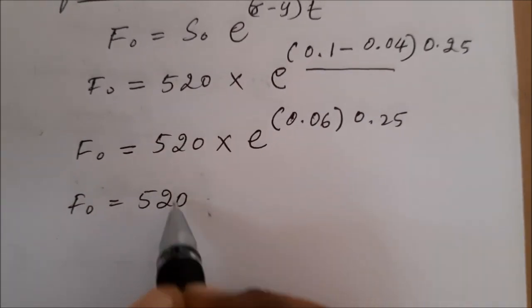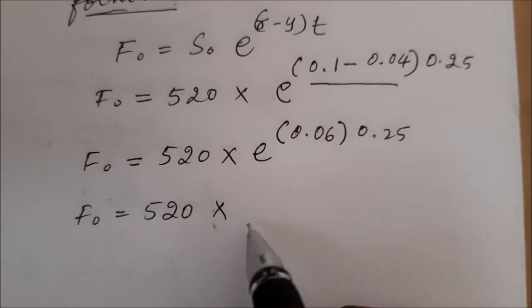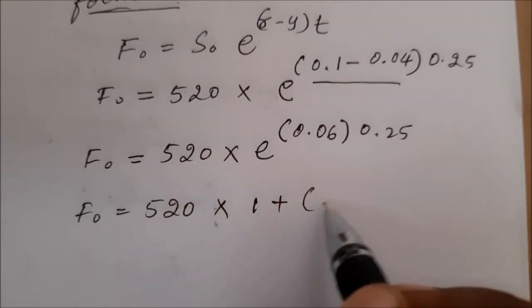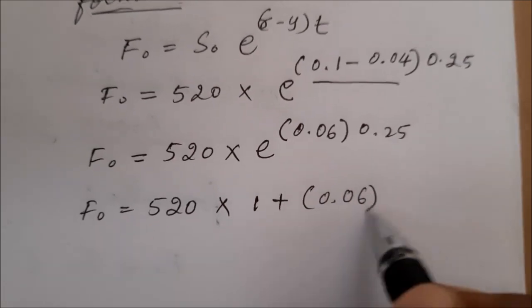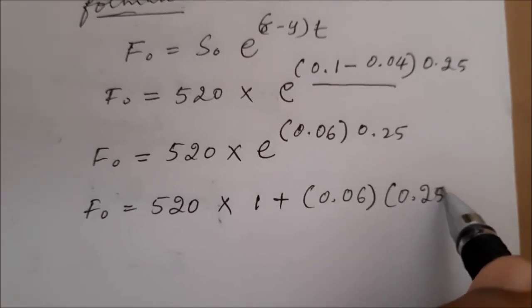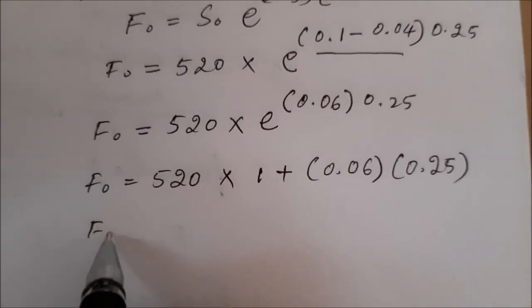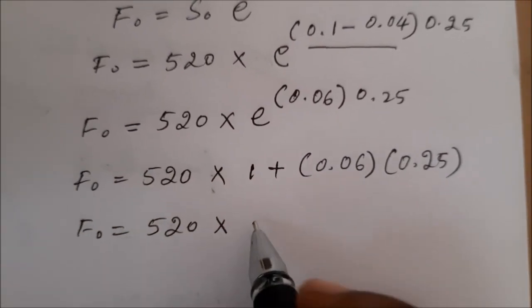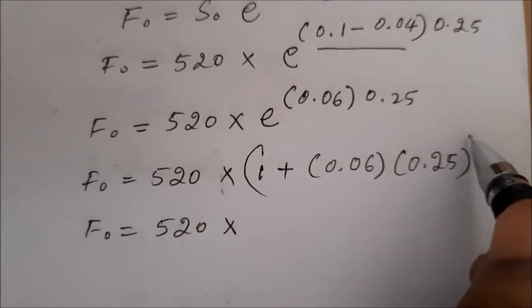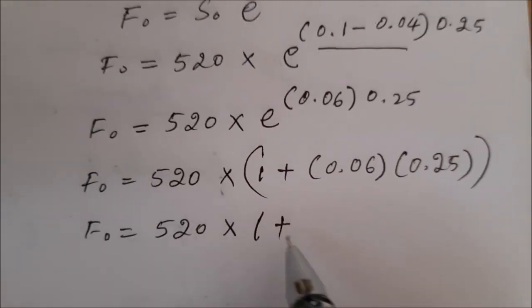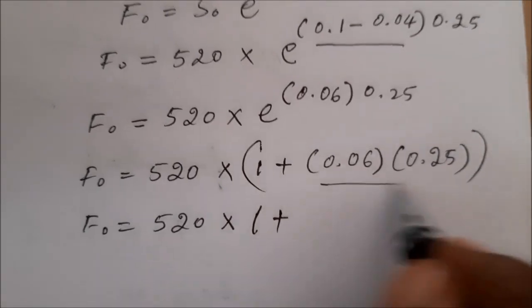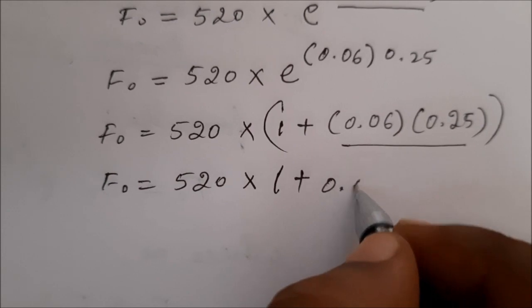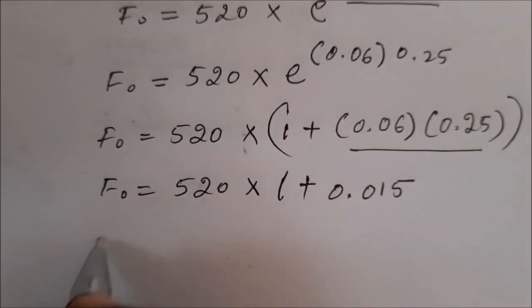Next, F naught is equal to rupees 520 into, in a bracket, 1 plus 0.06 into 0.25. Multiply this, 0.06 into 0.25, we will get 0.015.